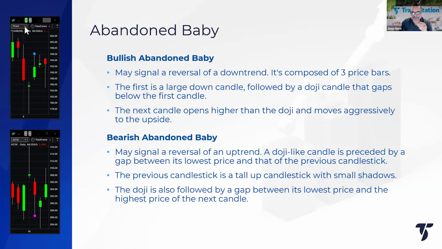The basis of the pattern is there, but a lot of times the criteria may not be precisely the same. Like, for example, this small gap may not be part of the criteria, and I can see that across different platforms. So we try to maintain our criteria as close as possible to the original concept or idea behind these candlestick formations, because this is not something that TradeStation invented.